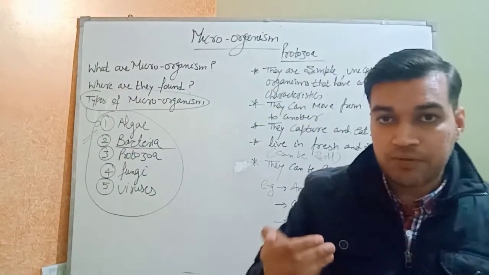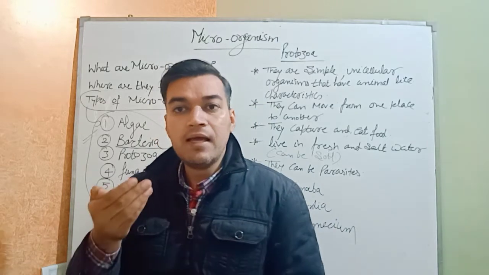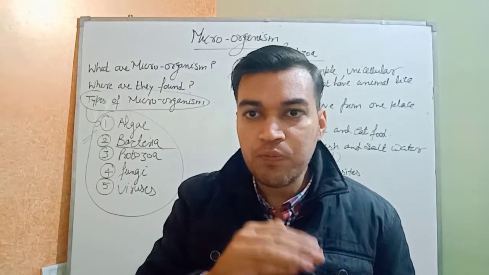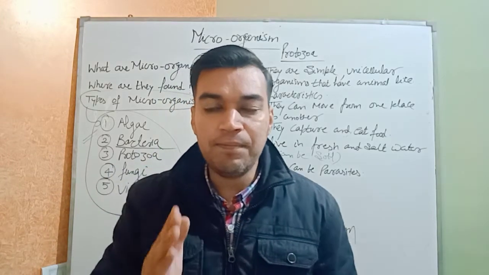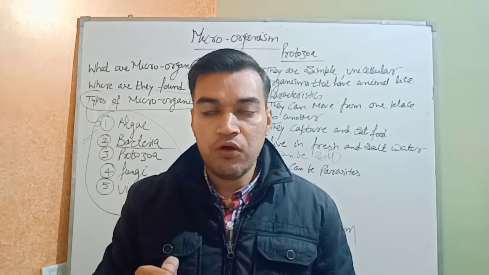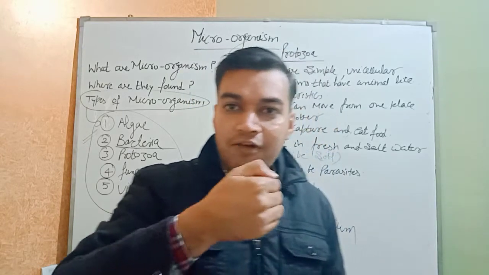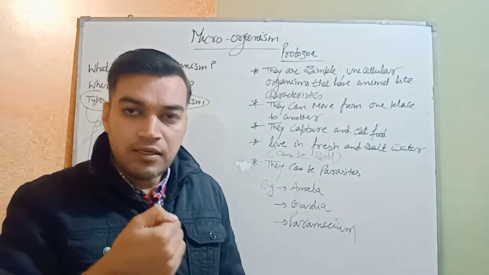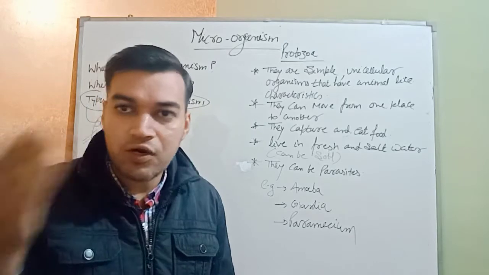Next, their nature, their behavior. Protozoa can be parasites. What do you mean by parasites? Parasites are organisms which depend on the body of another organism for food, for living. Even our body becomes a host for other organisms.